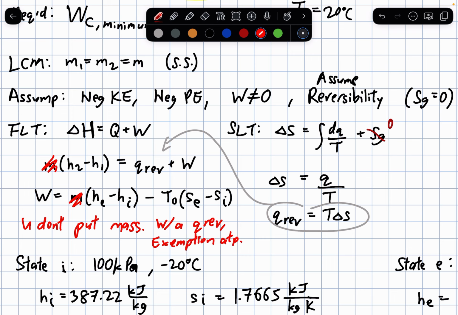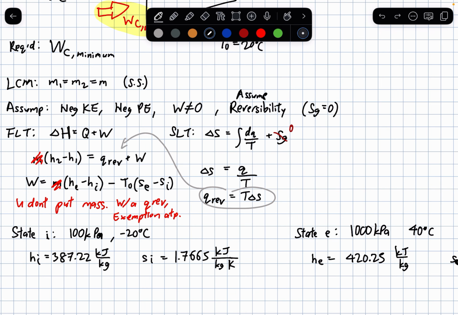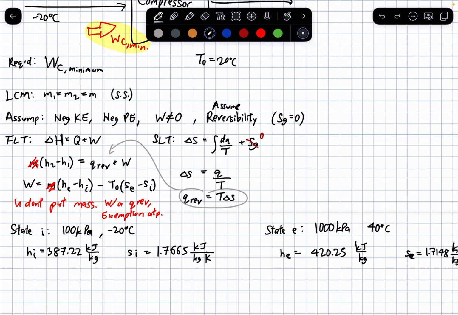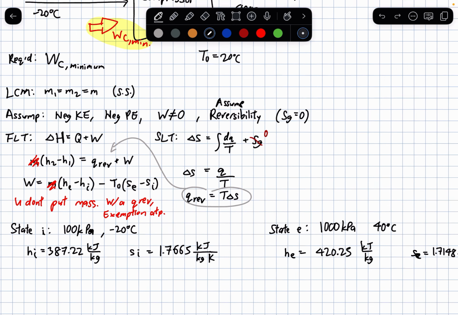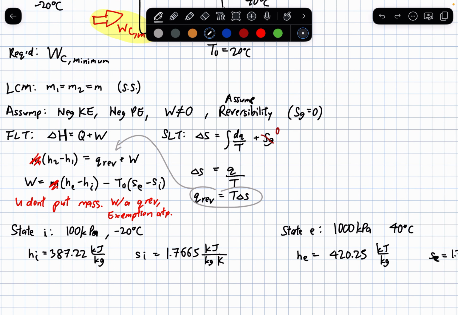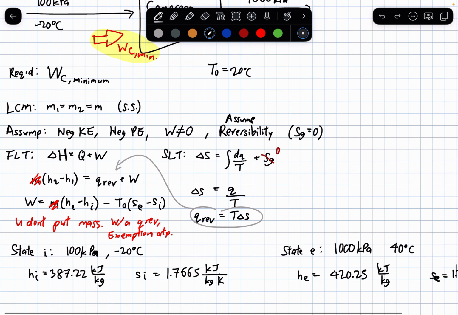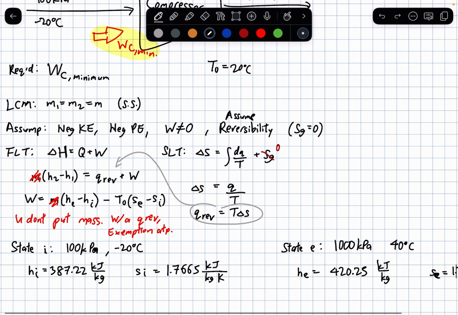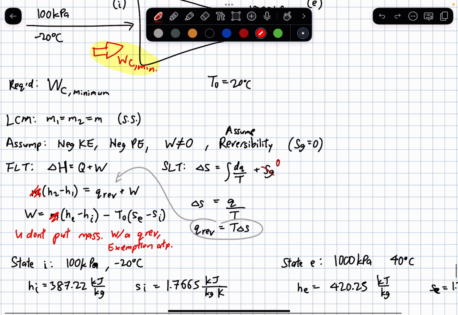I guess if there is no Q rev, then obviously you're left with capital W. Then there has to be an m. But that's not the case right now. We have a small q rev, no? Specific. Wait. Minimum compressor work, minimum, maximum work. Specific work. Okay, I think that's a misconception.